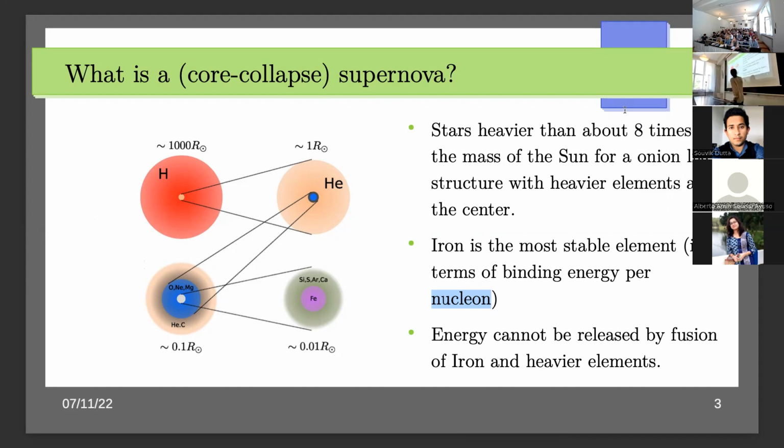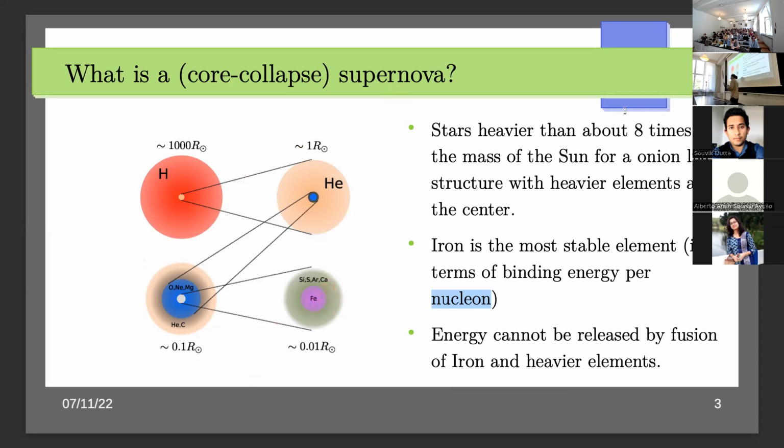So what I was saying is that when the hydrogen in the core is depleted, then the star starts contracting because there is nothing to balance the gravitational pull. And because of that, as the star contracts, it heats up, and that leads to the fusion of helium at the core. And this process continues until we reach an iron core.